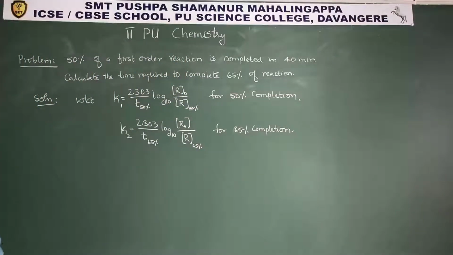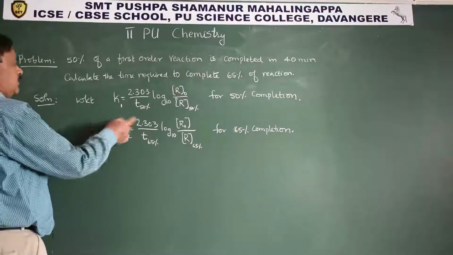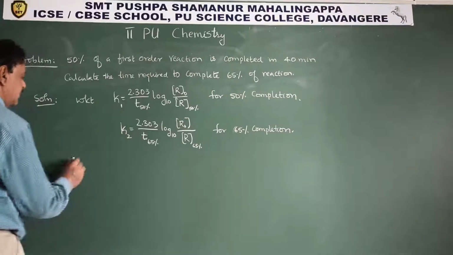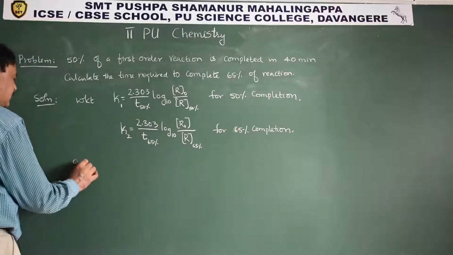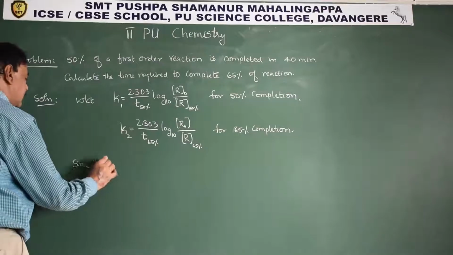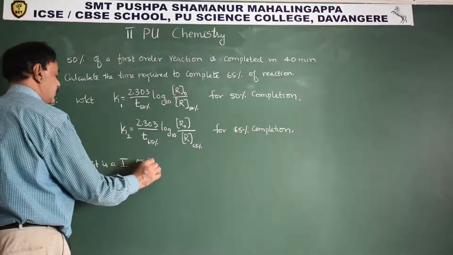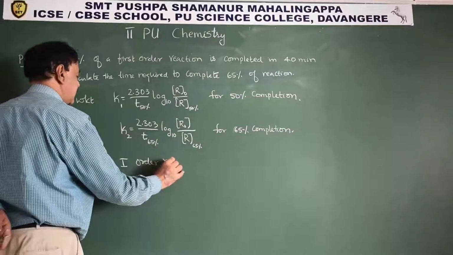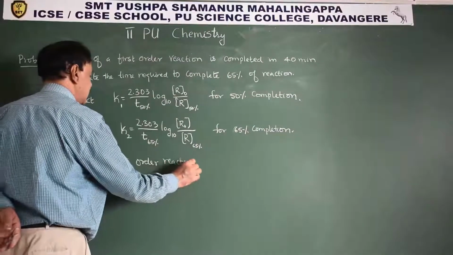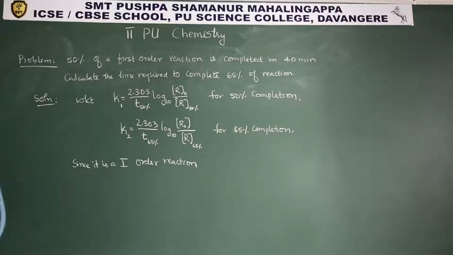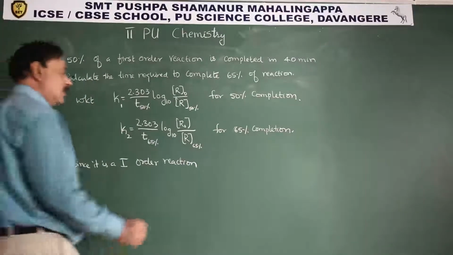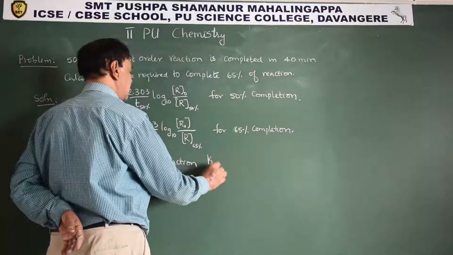Since it is a first order reaction, K1 value is equal to K2 value. Yesterday we discussed that the K value is found to be constant at any instant of time t. So K1 is equal to K2.